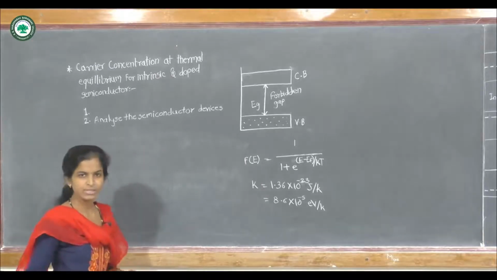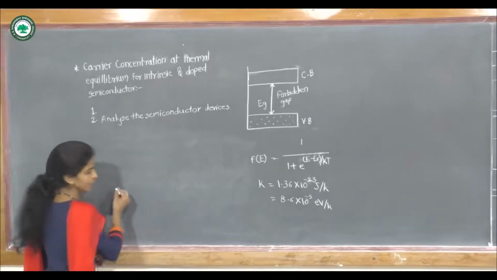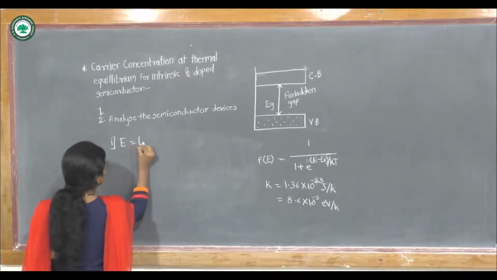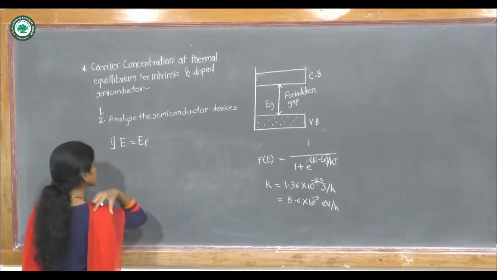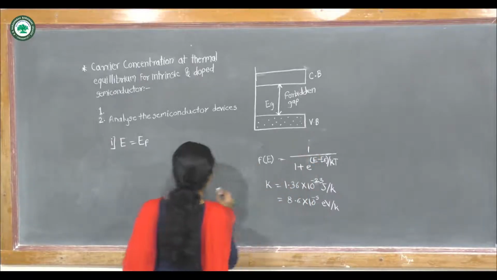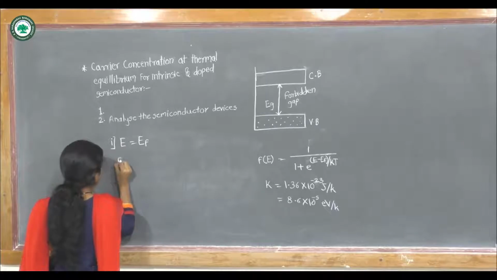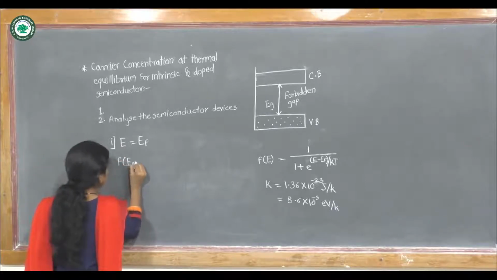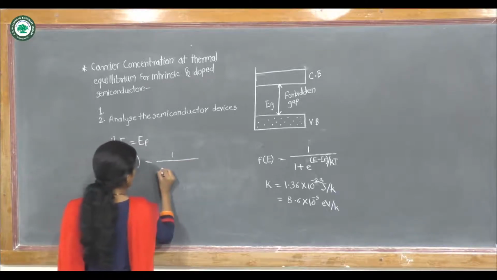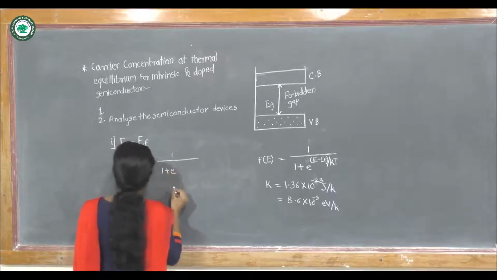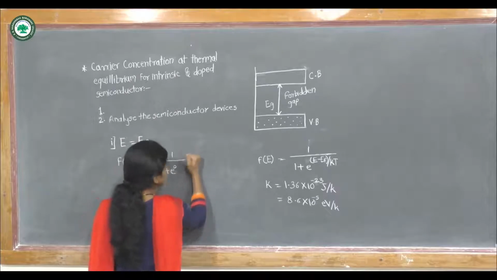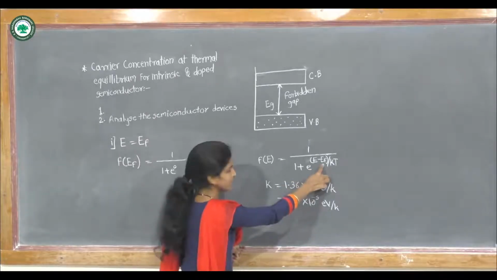If we consider the first case, E is equal to EF, then by putting this value of E, one may write f of EF is equal to 1 upon 1 plus e raised to 0, as here EF minus EF is 0.